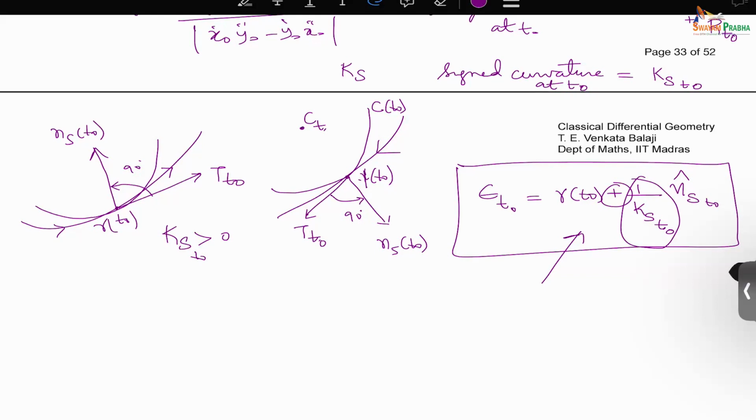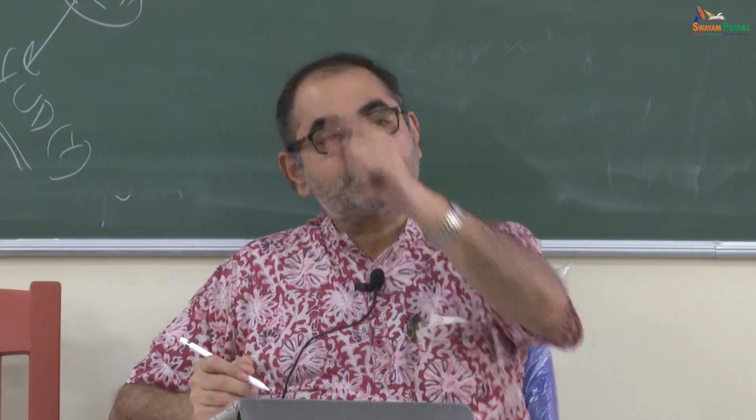Unfortunately it's somewhat confusing, but let it not confuse you. The point is that because you are traversing the same curve in the other direction, your signed normal has gone to the other direction. So it's not pointing in the direction of the center of curvature. So this is the case when the curvature is negative.